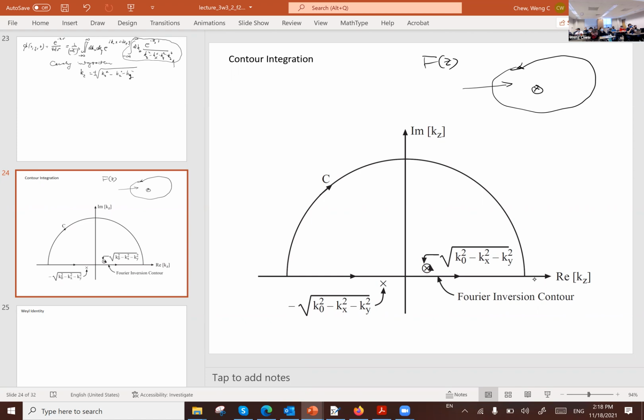Say if this function can be written like this, it has a pole at z0. And if you were to integrate it along this contour C, the integration of this function in the contour is the same as evaluating the integral around the pole, only that, called the residue of the pole.